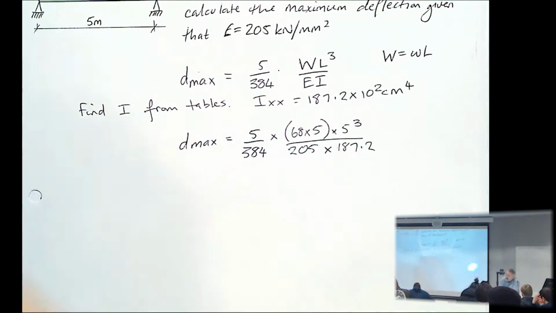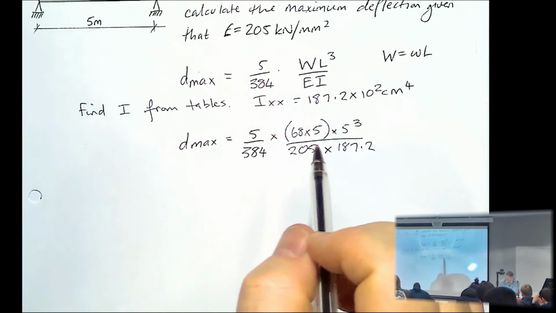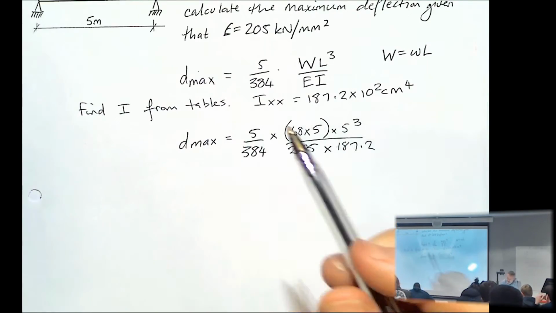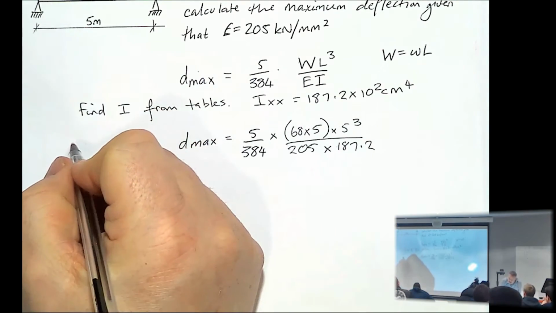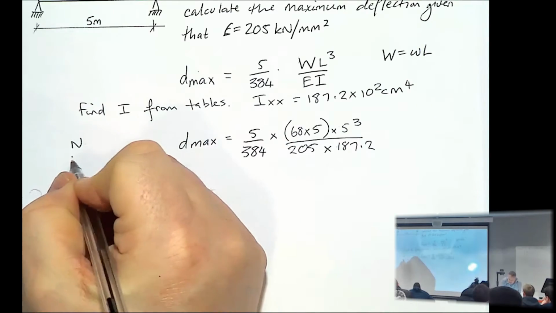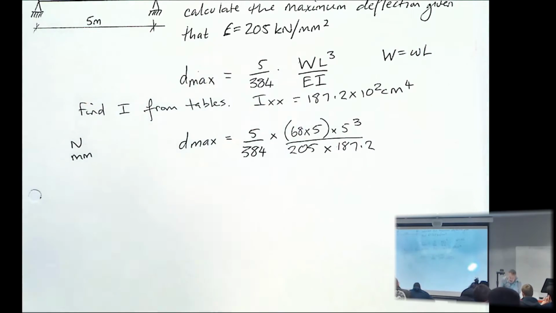Now, our problem is that we have to make sure that everything is in the same units. So let's have a look at that. Let's put everything into newtons and millimetres.